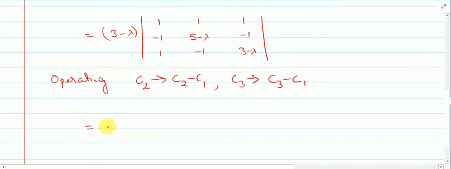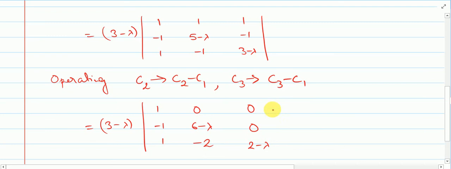So here we'll get 3 minus lambda and C1 will remain as it is, and for C2 we have to do C2 minus C1, so 0, and here 6 minus lambda, minus 2, 0, 0, and 2 minus lambda.